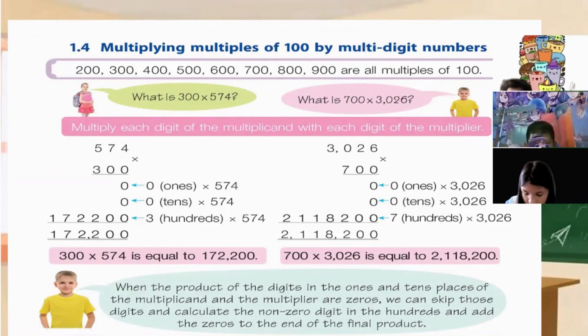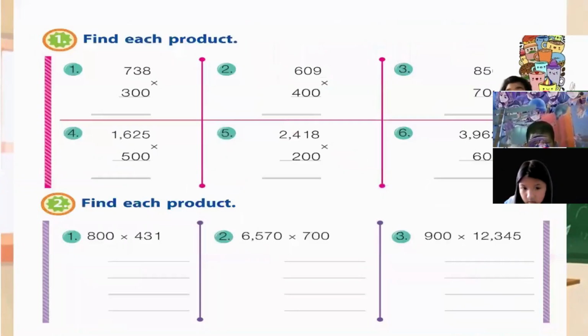Okay, the short form. Now let's have a little bit of practice. So we have to find each product. Okay, so we have multiplier 738, multiplicand 300. So the first one I'm going to solve for you, and the second and third, please find the answer and tell me.